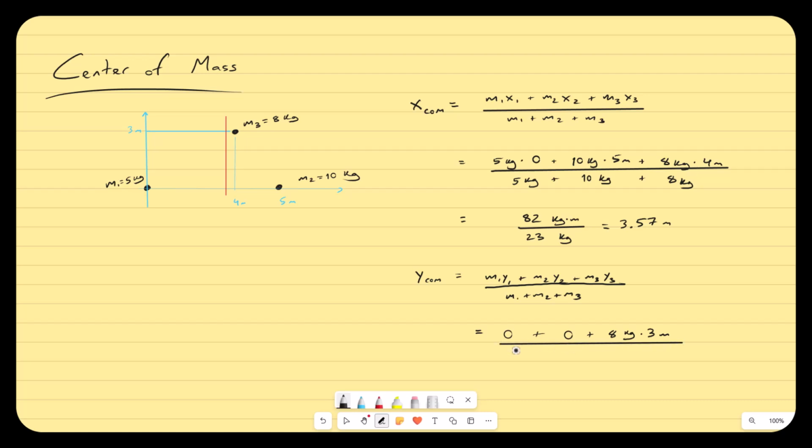I'm going to divide that by still 23 total kilograms. 8 times 3 is 24, divided by 23 is 1.04.